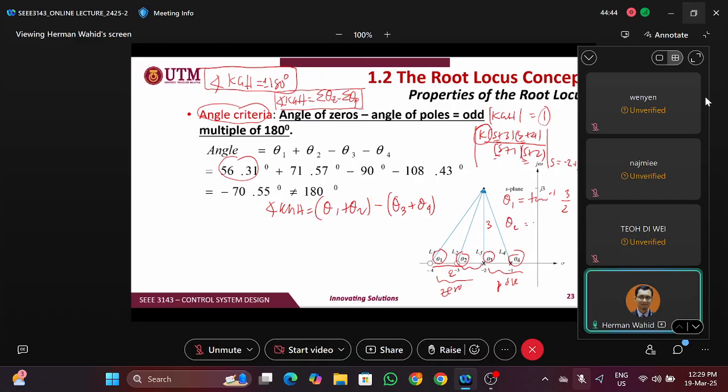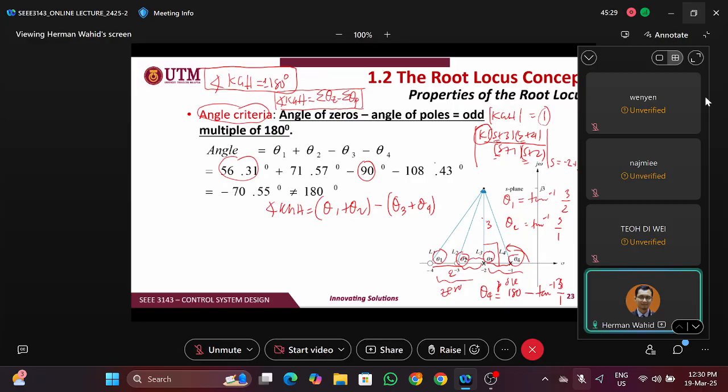Theta 2 is the same thing, tangent inverse of 3 divided by this distance, only 1. Theta 3, we do not need to calculate because it is perpendicular, so it is 90 degrees. And theta 4, you need to be careful here because theta 4 is at this part. So you can calculate it as theta 4 equal to 180 minus tangent inverse of 3 divided by 1.